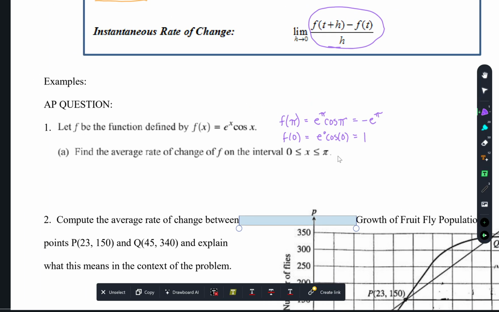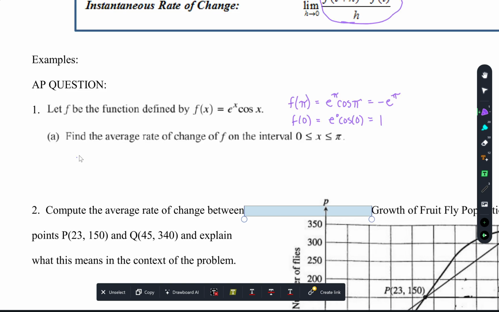Make sure you have all the things, because sometimes this one's worth 2 points instead of 1.